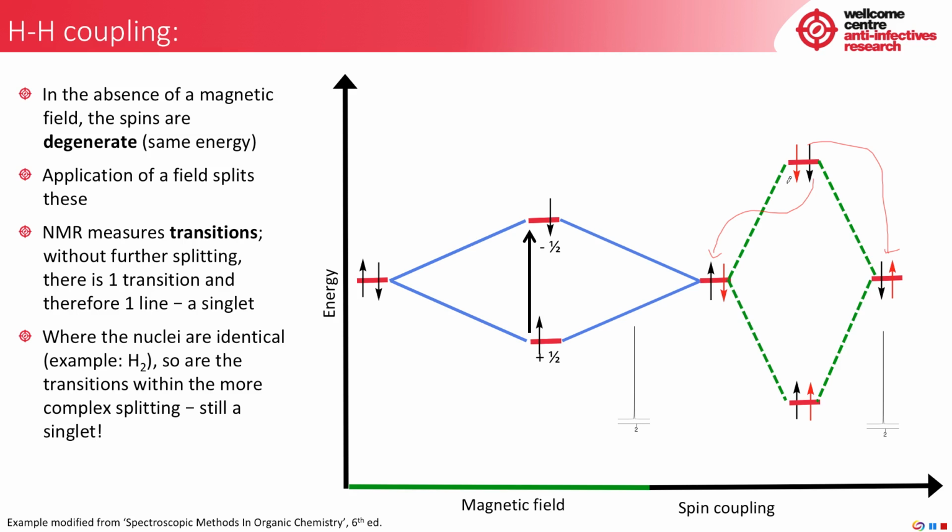So here you're going from +1 to 0 if you add up the halves and minuses, and so this is allowed, but you're not, at least in this system, going to be seeing that. As a result of this, the nuclei being identical means that the transitions within the more complex splitting are actually all identical. This still gives you a singlet.